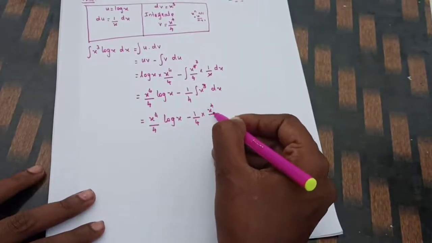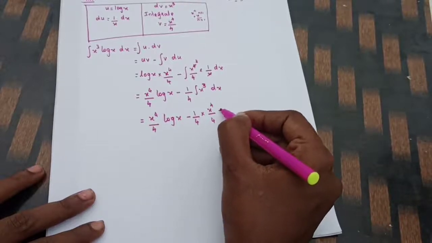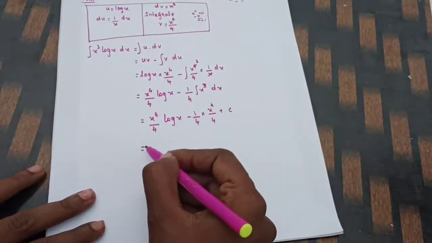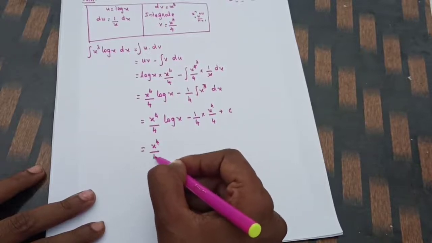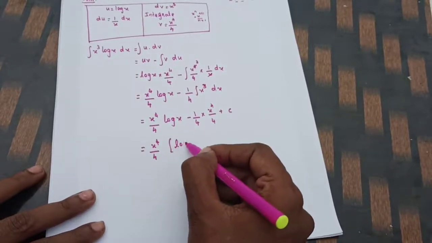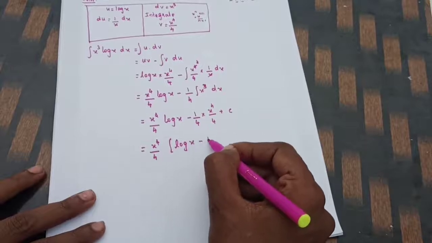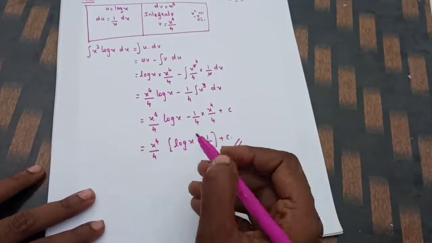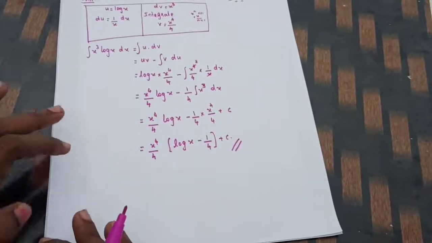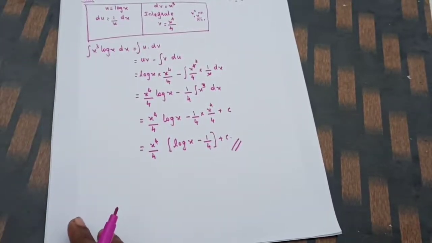So x power 4 divided by 4 plus c. Okay. What is common for both? Shall we take x power 4 divided by 4 outside? So what's the balance? Log x minus 1 by 4 plus c. This is the answer. Understand? Same thing you can use in Bernoulli's formula also.